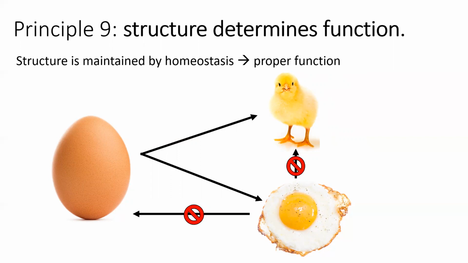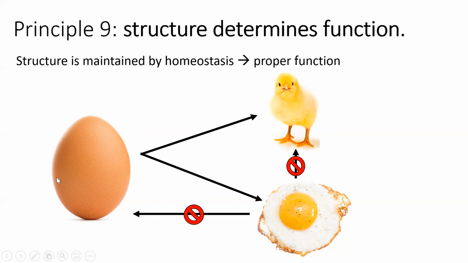That means if the structure fails, then the function will fail. For example, let's say the cell membrane in a cell is damaged. That means you're not going to be able to maintain the integrity of the cell, and the cell is not going to function properly.